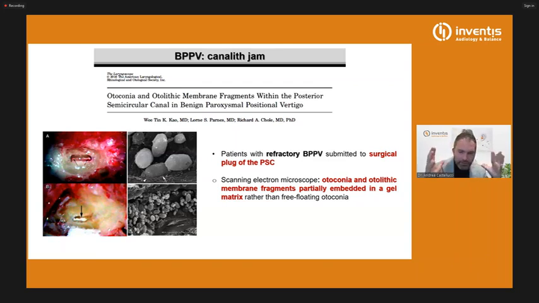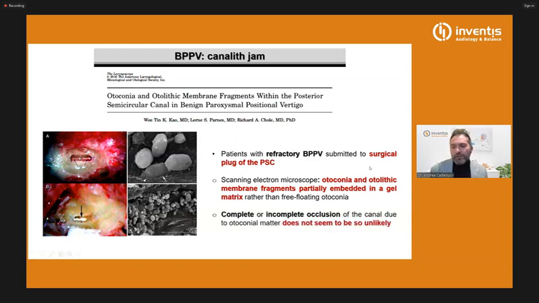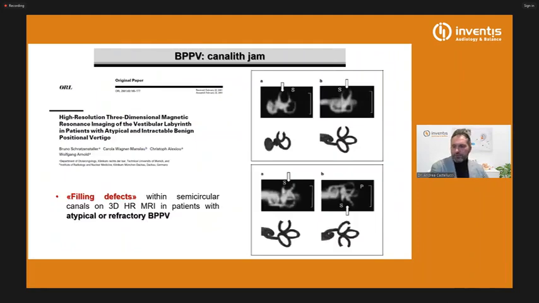So probably our idea of BPPV, where we have free-floating otoconia running through a smooth wall of the canal, is not the correct idea for every patient. So probably this complete or incomplete occlusion of the canal due to otoconial matter does not seem so unlikely to occur.